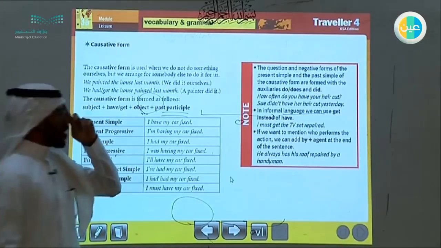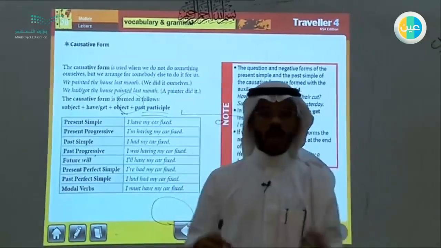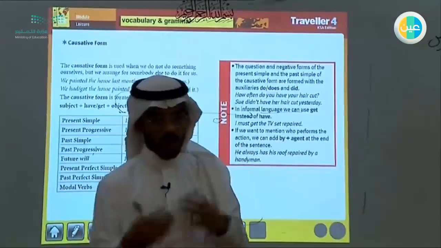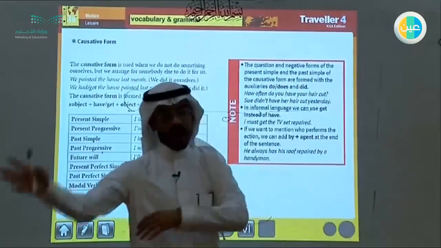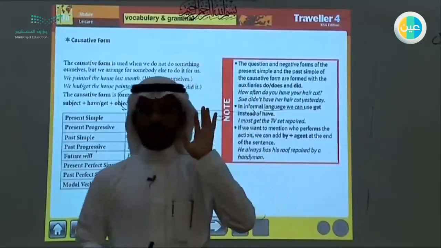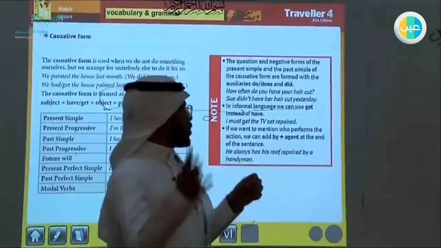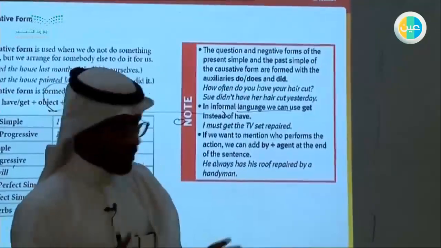Okay, I have a note. The question and negative form، يعني في السؤال، في حالة السؤال أو negative أو النفي، الجملة المنفية شو نسوي؟ Of the present simple or the past simple إذا كانت ماضي أو مضارع، just use do, does, أو did في الماضي طبعا. That's it.